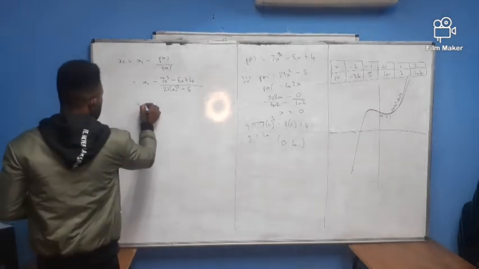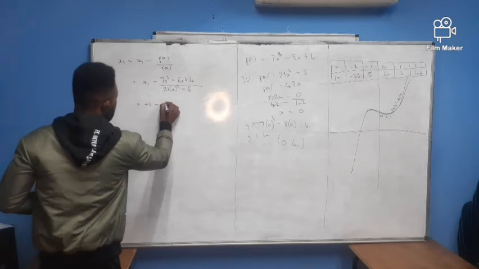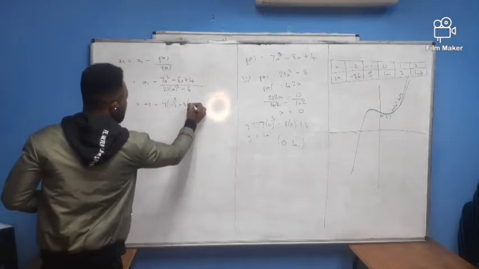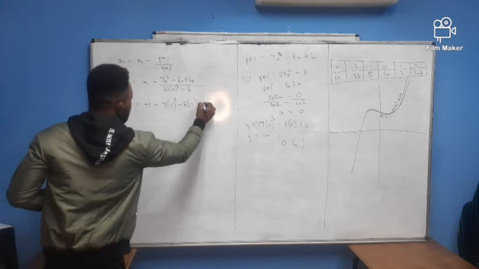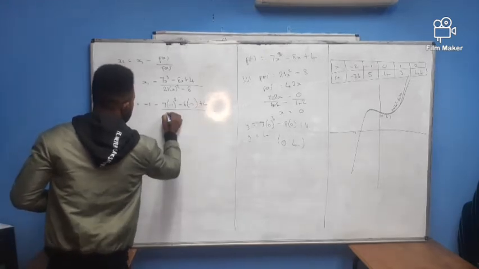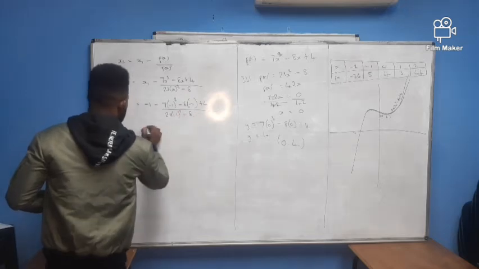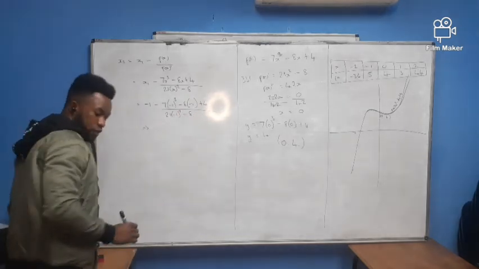So it is equal to -1 minus (7(-1) cubed minus 8(-1) plus 4) divided by (21(-1) squared minus 8), and then you get your value.